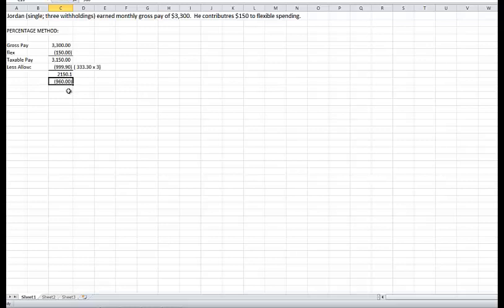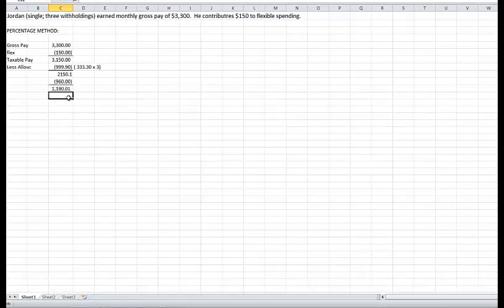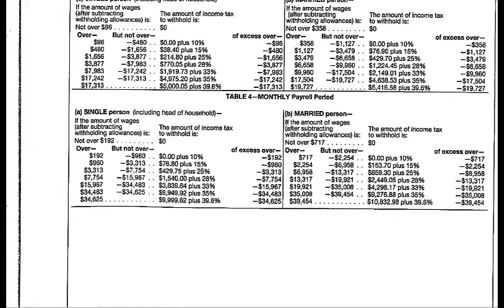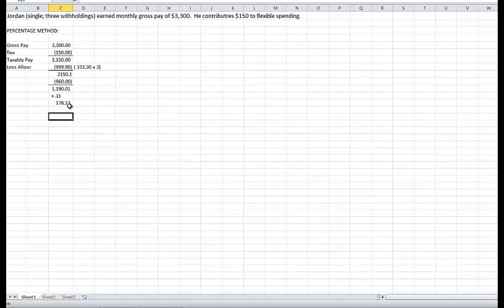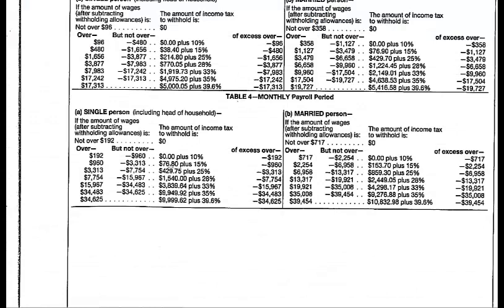Okay, so the excess over $960 is $1190.01, and then the table tells us, let's go back to the table, that it is 15% of the excess over $960. So we're going to multiply that times 15%. Okay, and when we do that, we get $178.52. So this is the tax on the excess over $960.